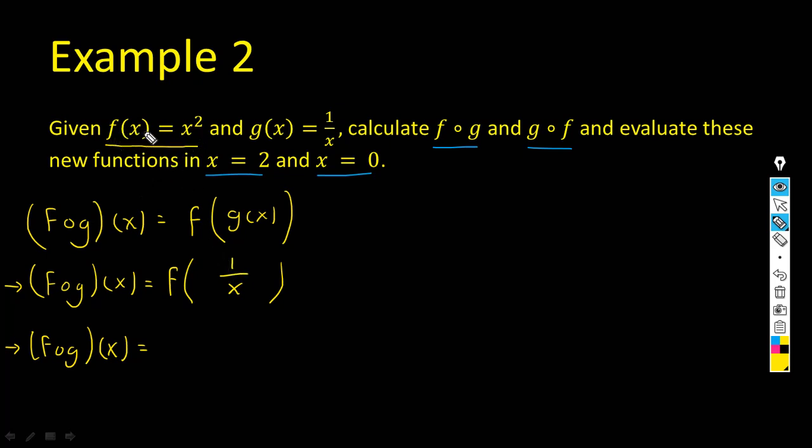If f of x is equal to x to the square, then f of 1 over x is going to be 1 over x to the square. I'm just evaluating the function, guys, in this value. And that's all that's happening, you see? I'm done. f of g of x is equal to 1 over x, all of that to the square. Perfect. Done.